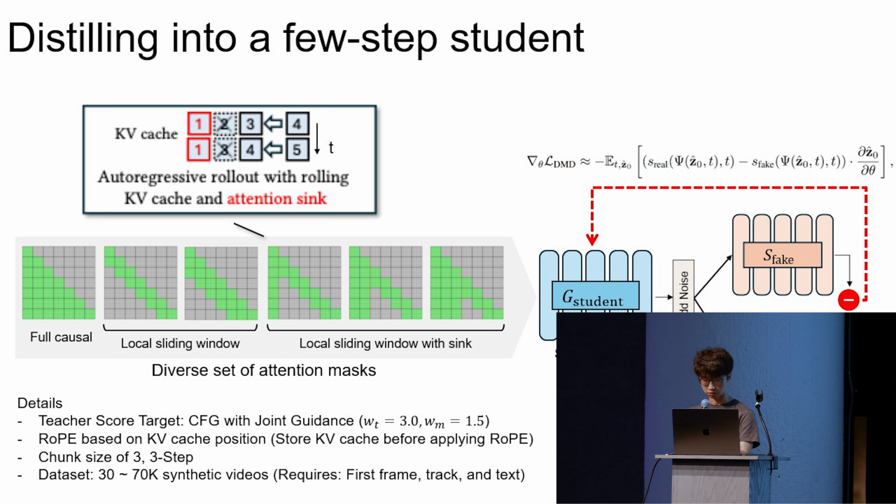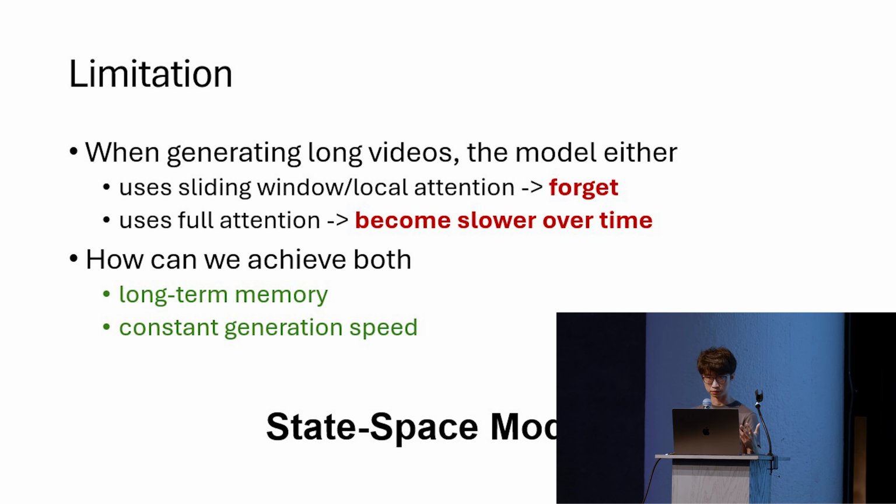I'll show some demos later, but this method still has some inherent limitations. You can generate a very long video, but because it only uses local attention, it won't really remember things that happened a long time ago.